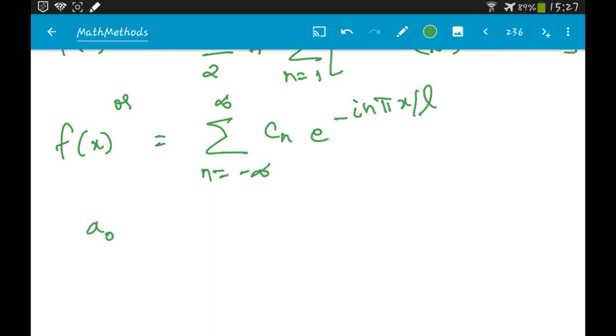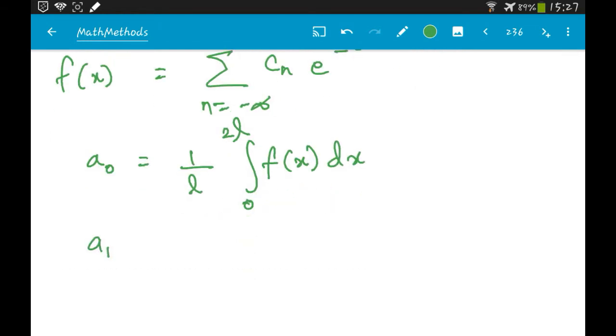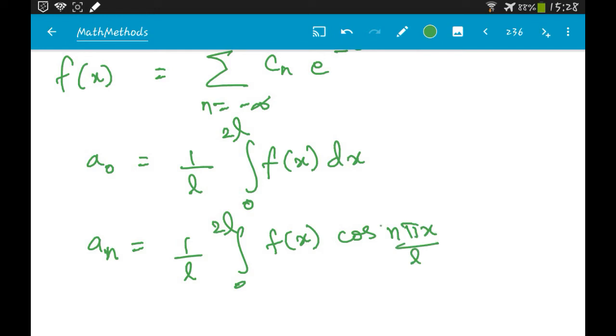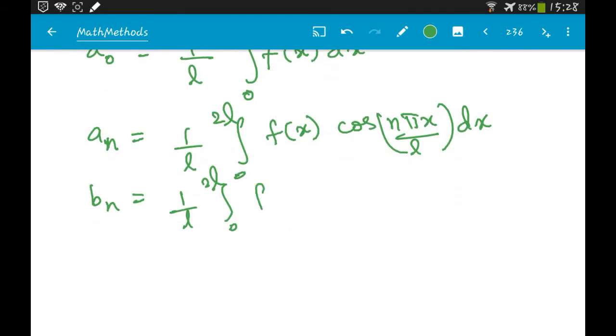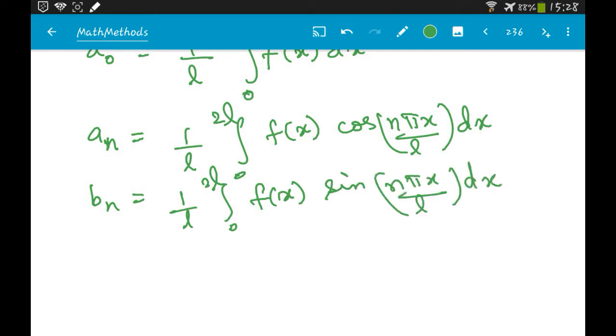So a naught will be 1 by L integral 0 to 2L f of x dx. an is 1 by L 0 to 2L f of x cos n pi x by L dx. bn is 1 by L 0 to 2L f of x sin n pi x by L dx.